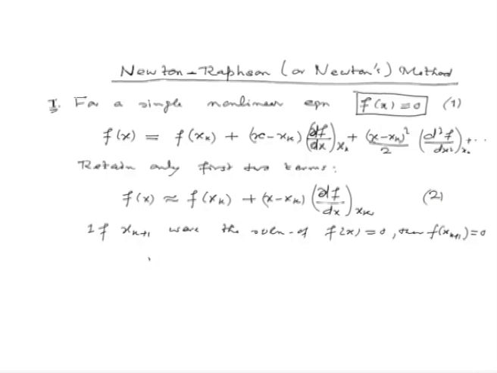So, on the left hand side we will get 0, and on the right f of xk plus (x of k plus 1 minus xk) times df over dx at xk.